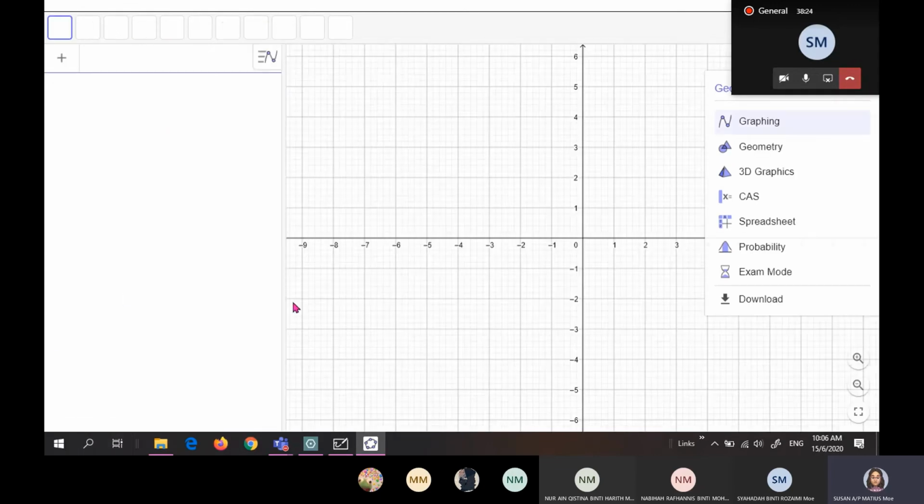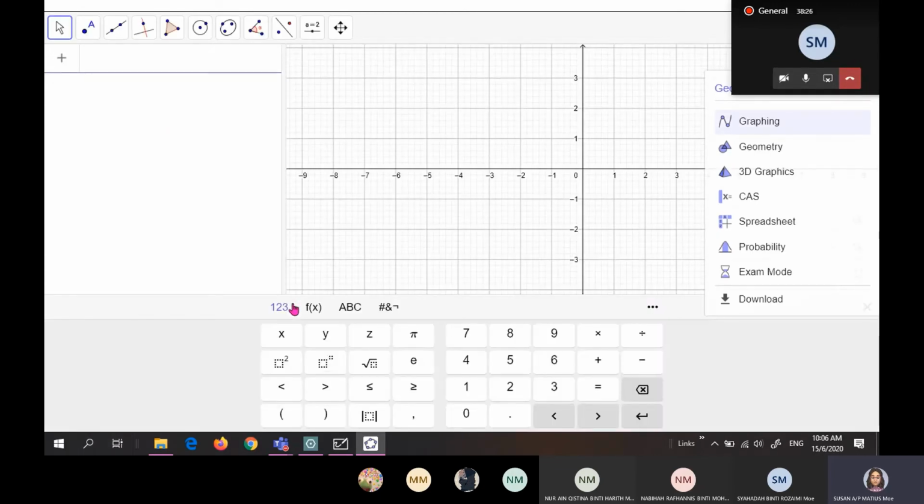So guys, this is using GeoGebra. When you use GeoGebra, it actually makes it much easier.